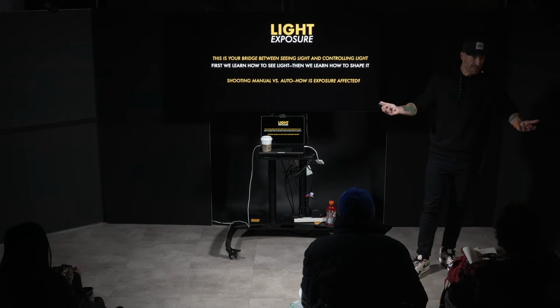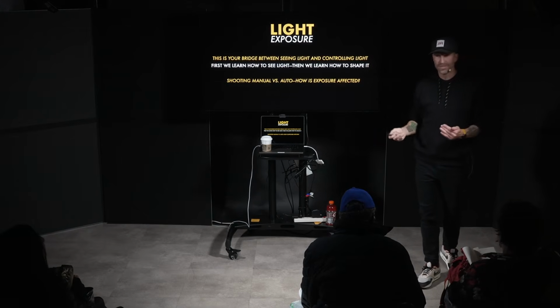No. We're kind of just left out there like, great, I see it, but I still don't know what to do with it. We're trying to get to the point where we see it, we understand it, we know the properties and how it's shaping our scene, and then how we're going to control it. How are we going to harness the power of light to create the scenes that we want, to create effect, to create drama, to create a certain look, a mood.